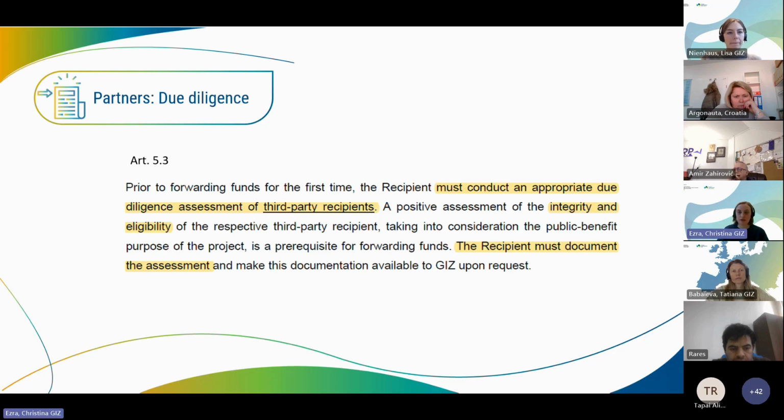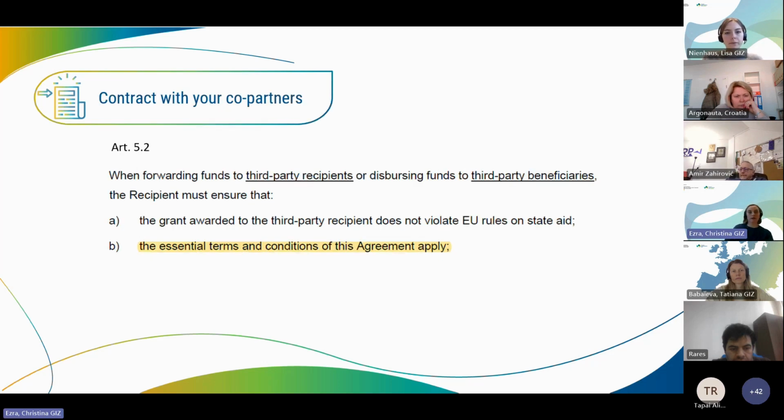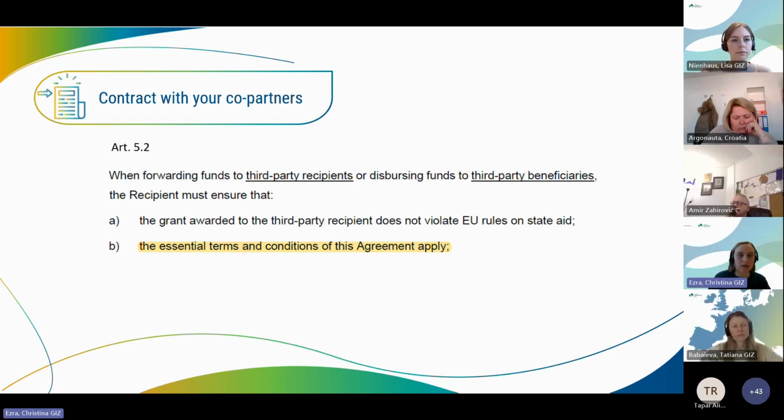The next point is contract with your co-partners. I assume you all have a consortium agreement with your partners in any form, and according to Article 5.2, you are obligated to make sure that all the essential terms of your grant agreement with us also apply to your partners.